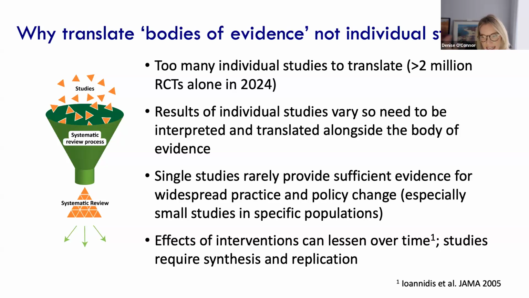John Ioannidis looked at over 100 randomized trials of clinical interventions and tracked their effects over time when they were replicated in subsequent studies, and saw an attenuation of the effects. So hence we need to translate syntheses of evidence or guideline recommendations based on syntheses, and also replicate studies.